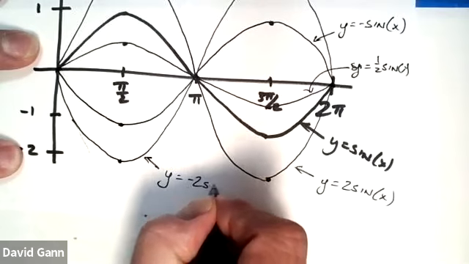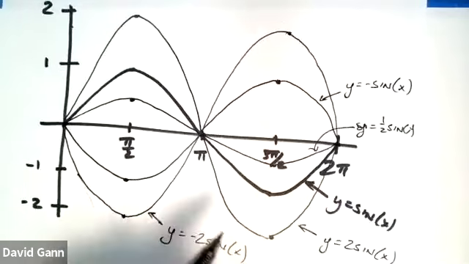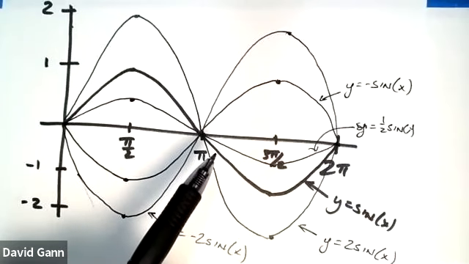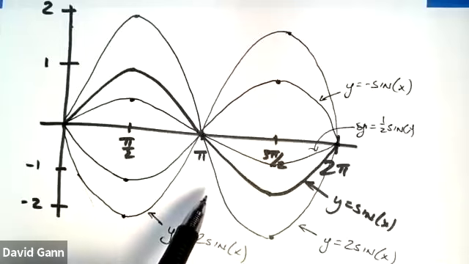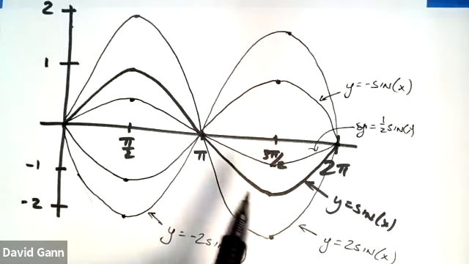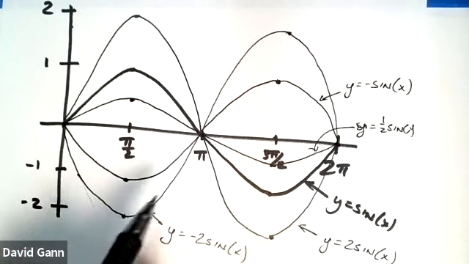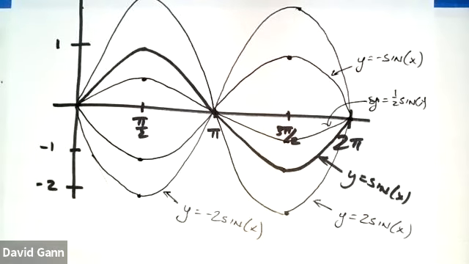Okay, so there's sort of a big picture of what happens with different values of a. Negative produces a vertical flip. Larger values of a in magnitude stretch, and smaller values shrink. So that's kind of the big picture for a.